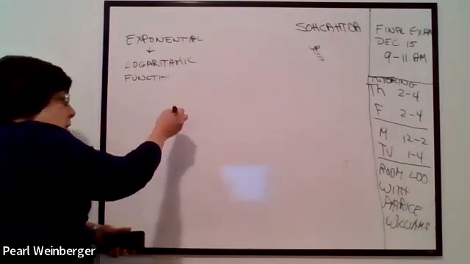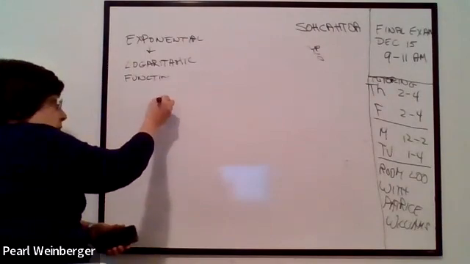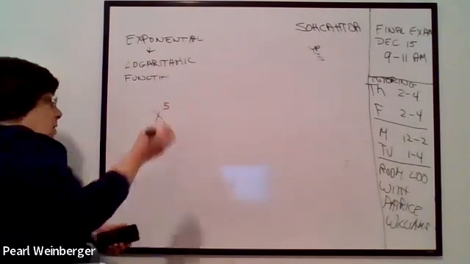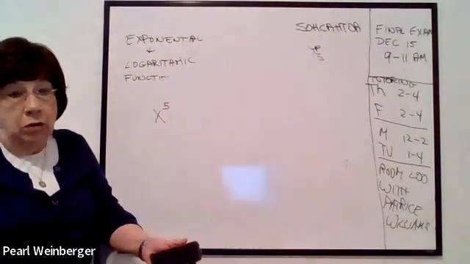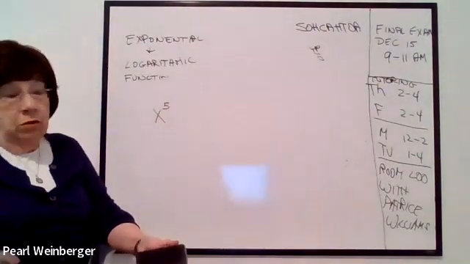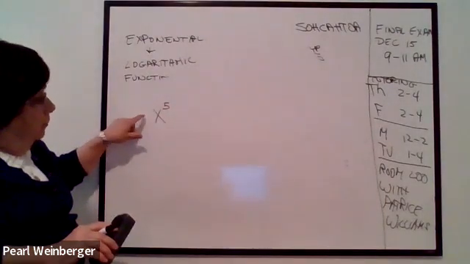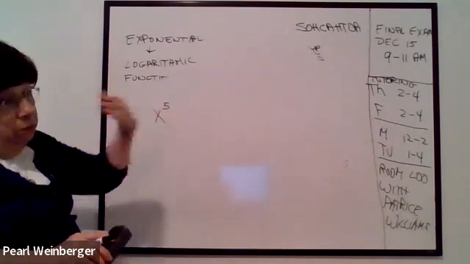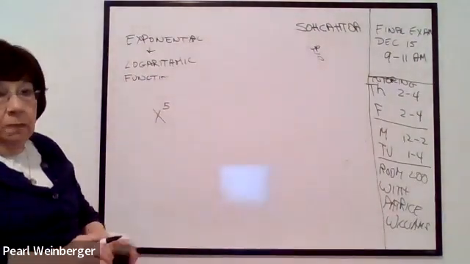So, most of the time, the type of exponent I have is a whole number, a regular positive whole number, what we call a natural number, a positive integer. That's the most common, that's how we define it. So if I have something like x to the 5th, it means multiply x by itself 5 times.